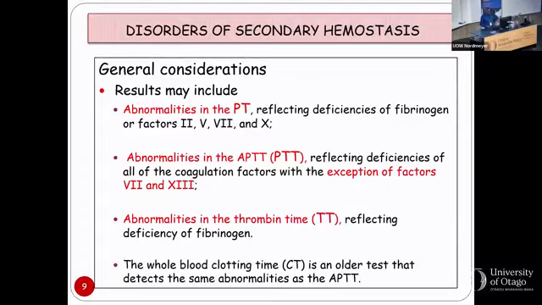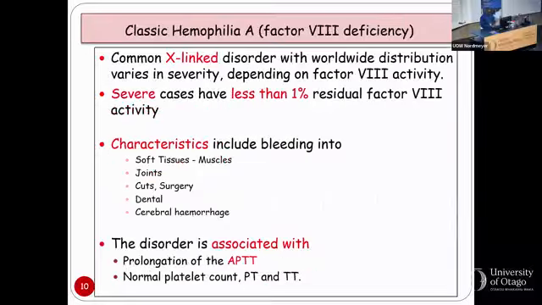These days, we actually just measure fibrinogen directly. But remember, when we quantify fibrinogen, it is different from the function, just like many other proteins. When we quantify proteins, it does not necessarily mean the function is okay. All right, just to bear in mind.